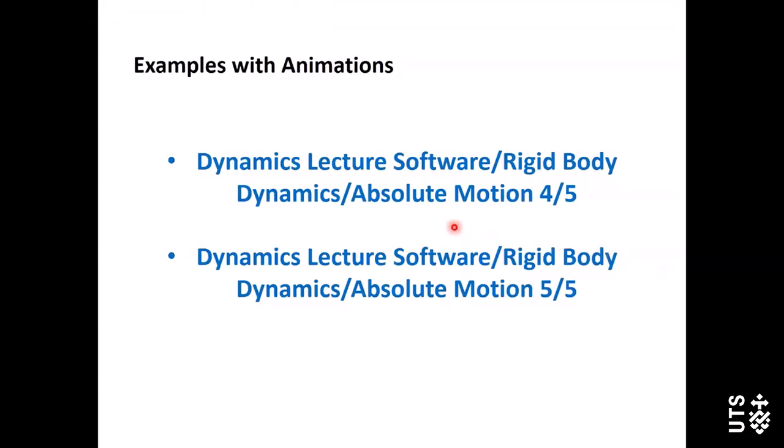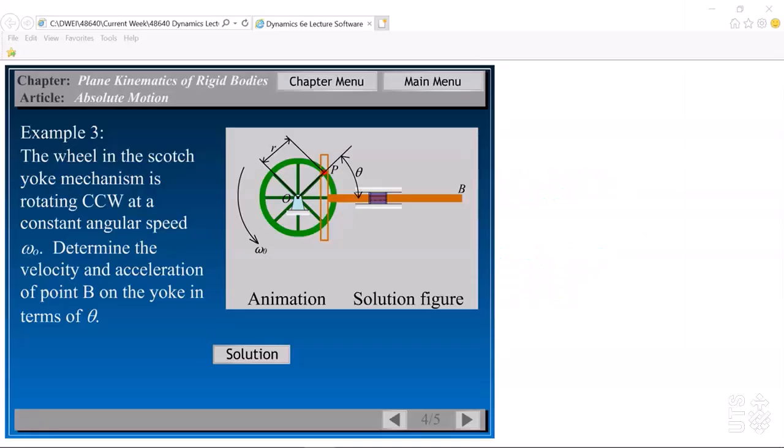Okay, next, let's have a look at solved example problems with animation. The first example here is a Scotch yoke mechanism. And here there is a wheel. This wheel has a rotation about a fixed axis through point O. And a yoke.